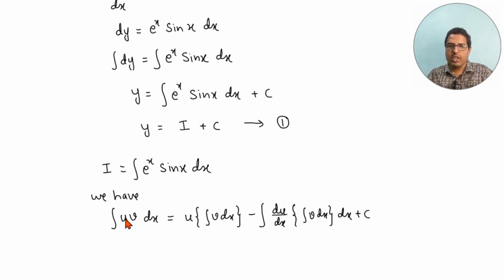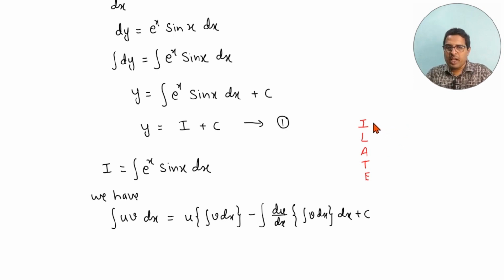Now we need to identify the values of u and v. To identify the values of u and v, we have to use the ILATE principle.